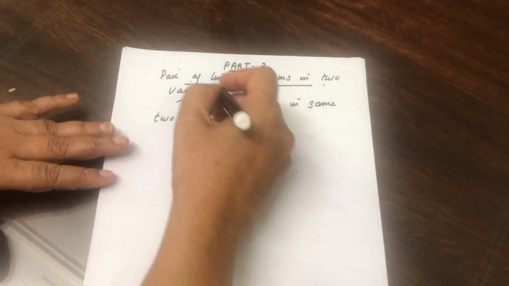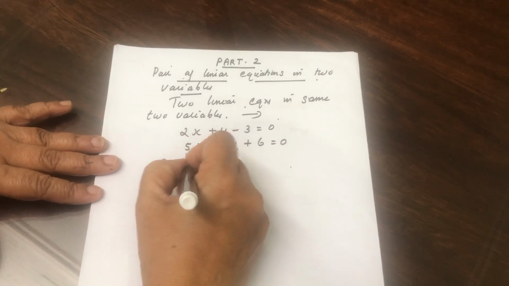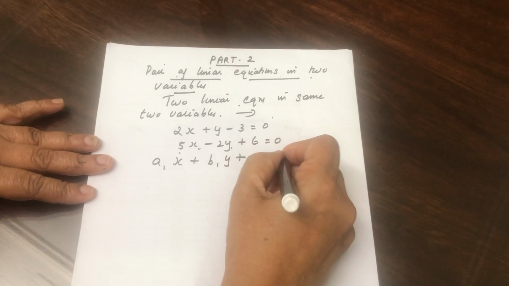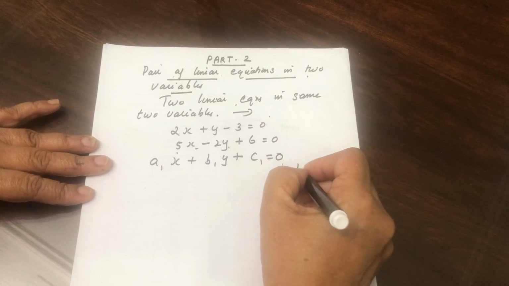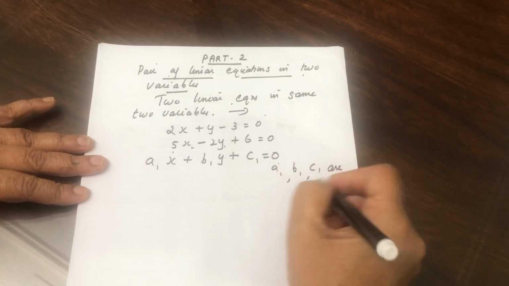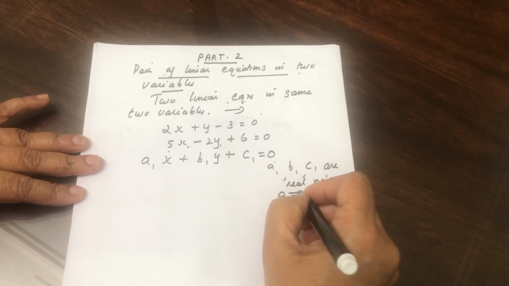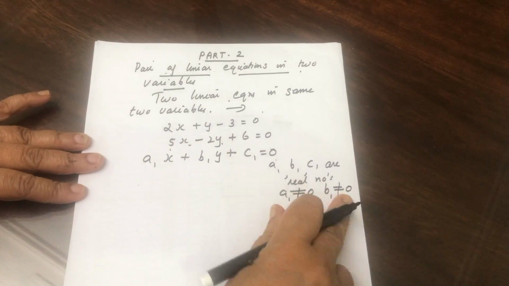Now I am going to write down the general form of a pair of linear equations. a1x plus b1y plus c1 equal to 0, where a1, b1, c1 are real numbers, a1 is not equal to 0, b1 is not equal to 0. I already explained why.